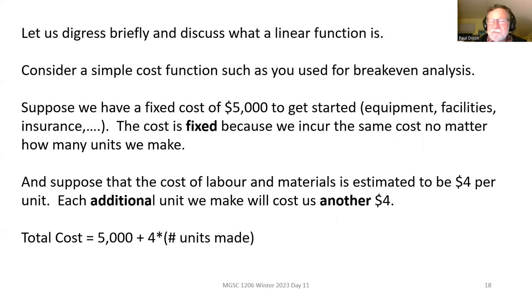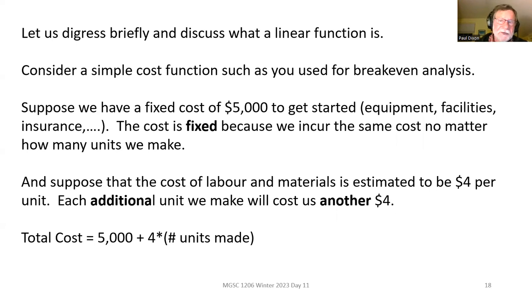It's for equipment, insurance, facilities, things that you have to have to get started. And then once you start making, we're going to have labor and materials and energy and a whole bunch of other things. The more units you make, the more the total variable cost will accumulate. So we're going to keep it as simple as possible with a straight line by saying each additional unit we make costs $4.